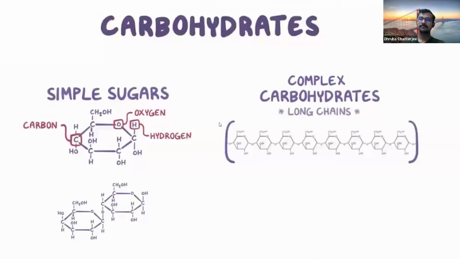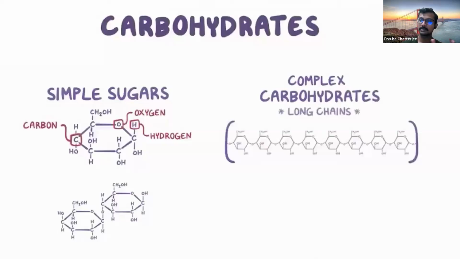The monosaccharides can consist of a different number of carbon atoms. If they consist of 5 carbon atoms, they are called pentoses, which we have already seen. Examples of pentoses are ribose and 2-deoxyribose. If they consist of 6 carbon atoms, they are called hexoses, which are your most common monosaccharides, like glucose, fructose, etc.